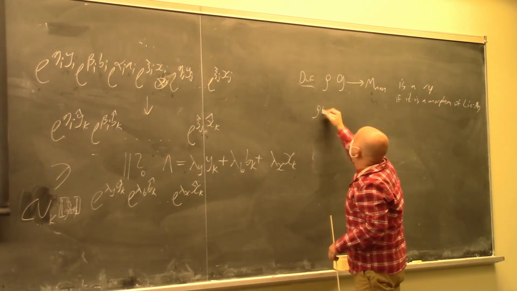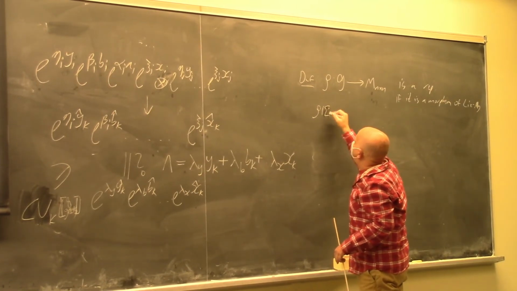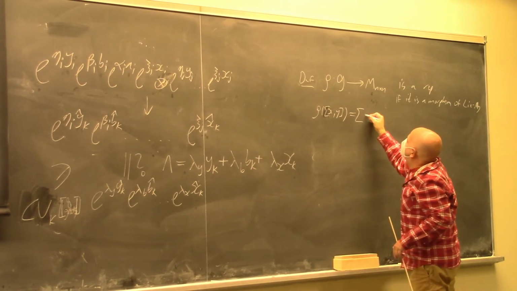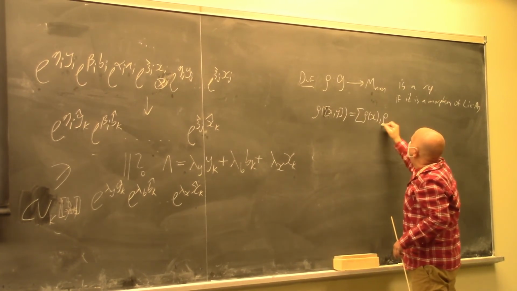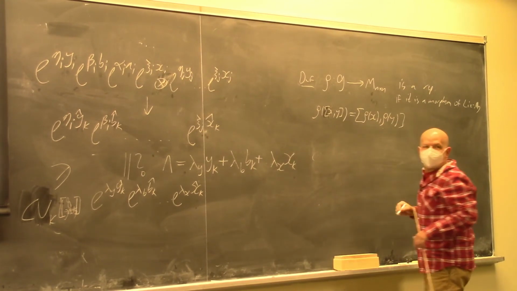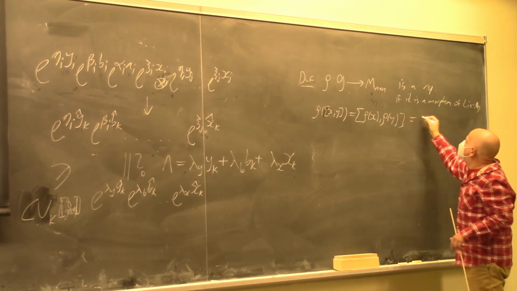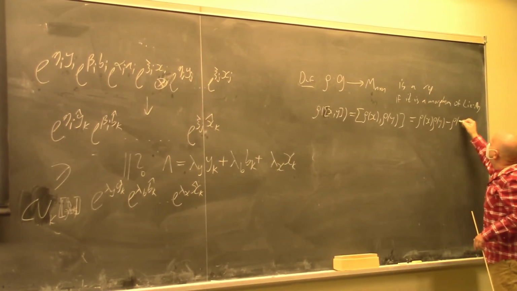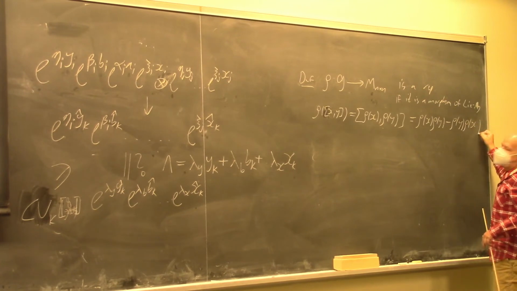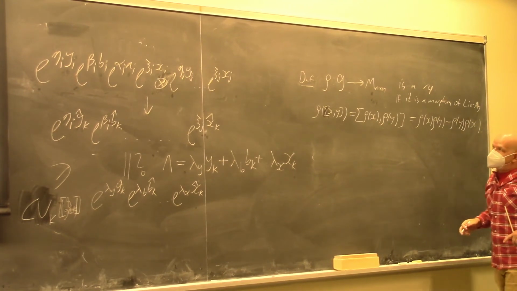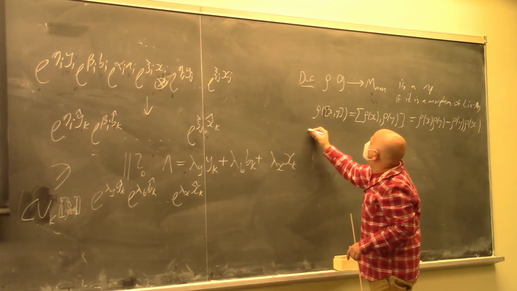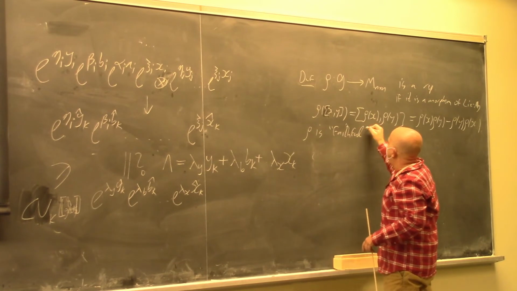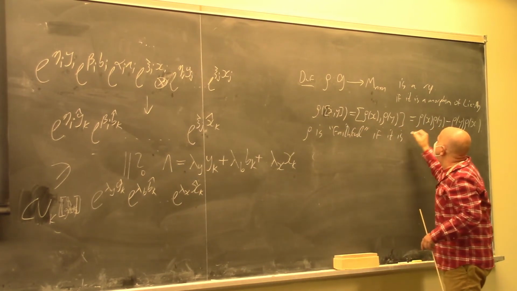Namely, if rho of the bracket of x and y is the commutator of rho of x with rho of y, which just amounts to saying that it's rho of x, rho of y, minus rho of y, rho of x. Second, rho is called faithful if it is one-to-one.